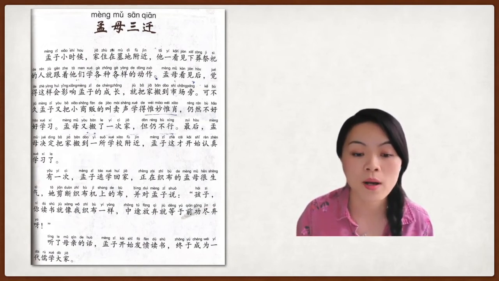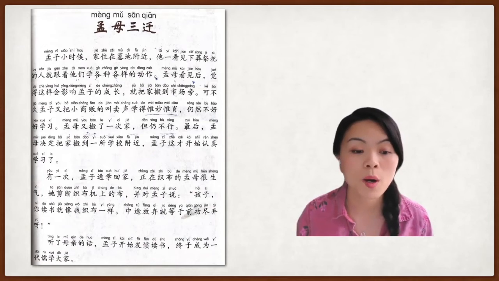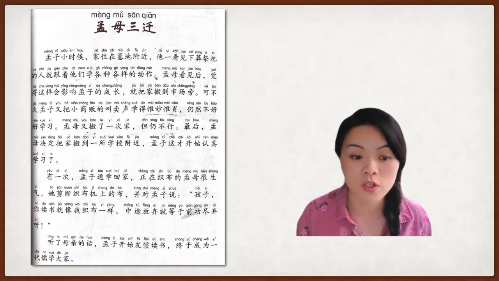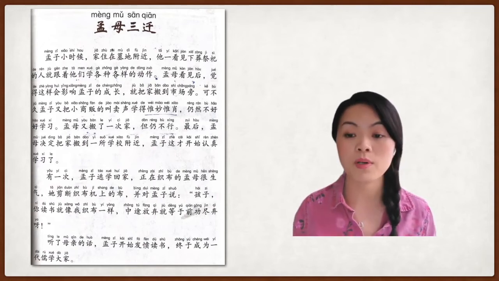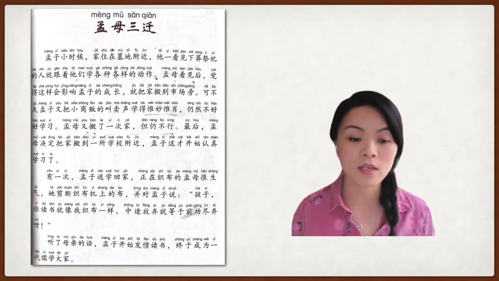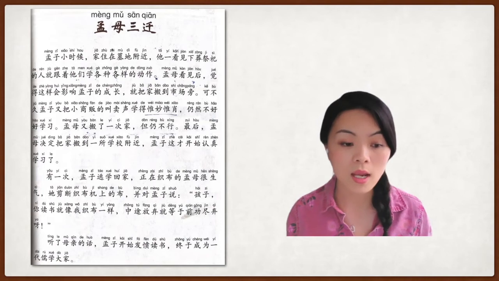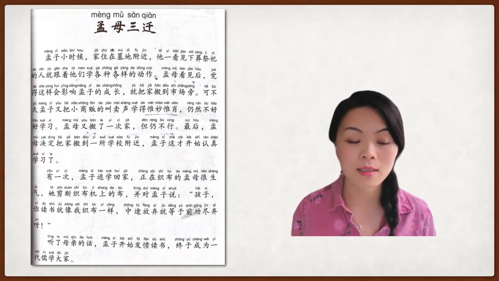Eventually, he became a very famous scholar. That's part of the Confucianism, right? He became a representative of the Confucianism, right? After Confucius, he was one of the most important representatives. 一代儒学大家, 大家 means a scholar.